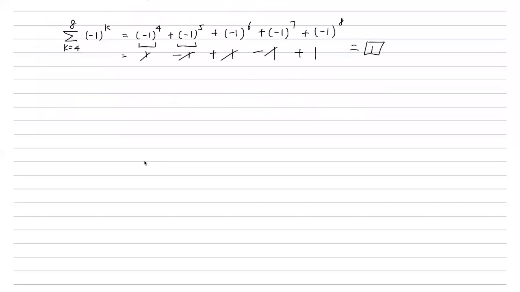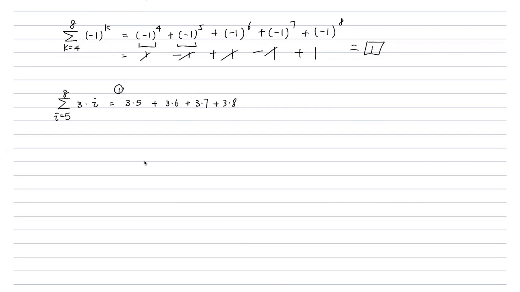So another summation right here is a little bit more complicated. If I have i going from 5 to 8 of 3 times i right here. Now here are two options. Your first option right here is just put i equal to 5 in there. So it'll be 3 times 5, 3 times 6, 3 times 7, and then 3 times 8.